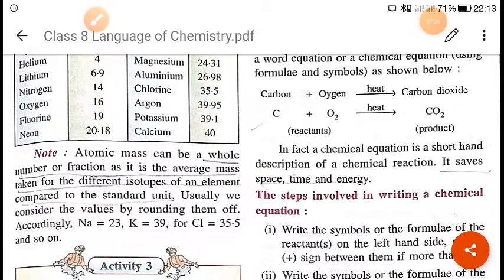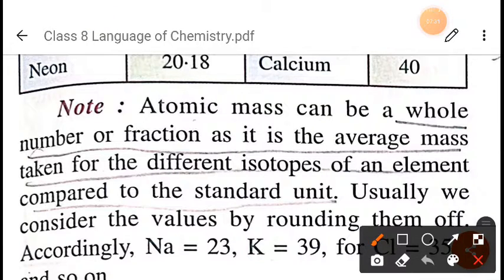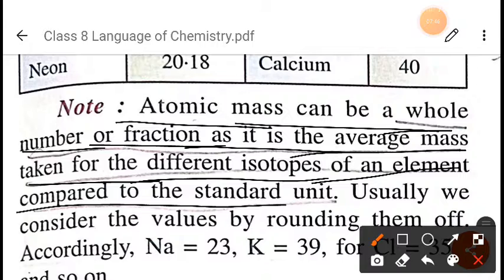The point to be noted is that atomic mass can be a whole number or a fraction, as it is the average mass of the different isotopes of an atom as compared to the standard unit.